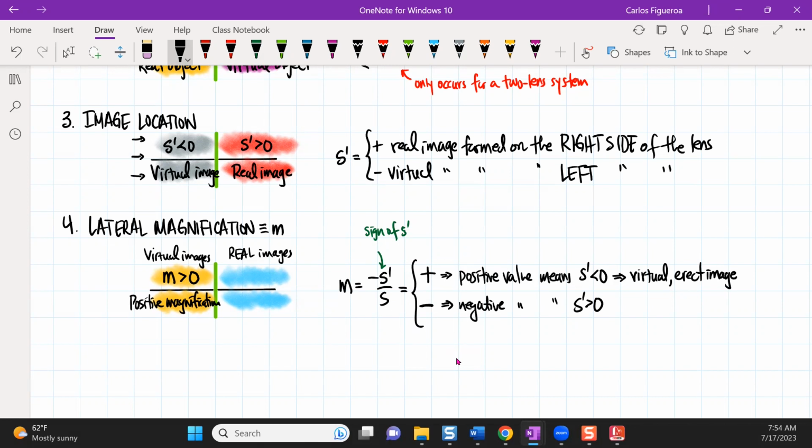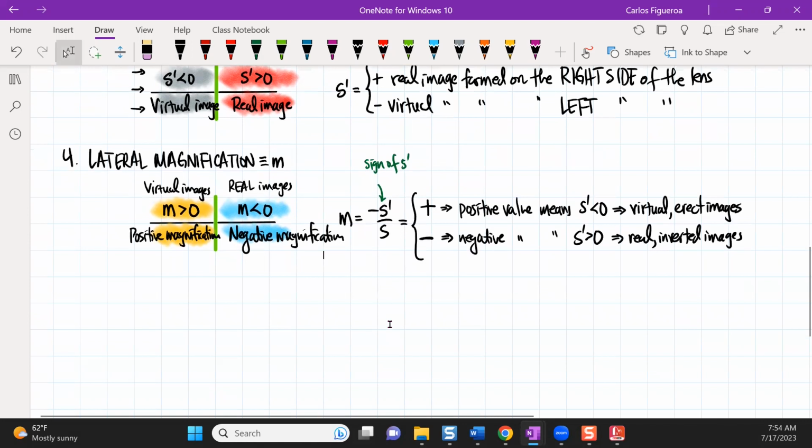So therefore, this tells me that if my magnification is negative, I'm going to have real inverted images. So then this is, of course, negative magnification. So you've got to pay attention to that sign, because this is the one that really messes a lot of people up.